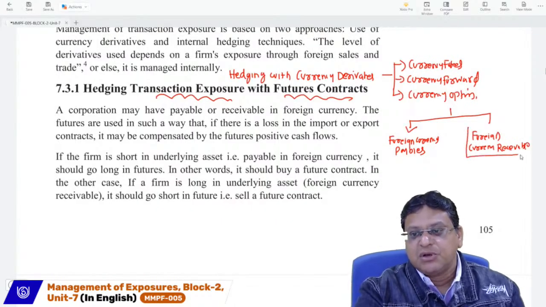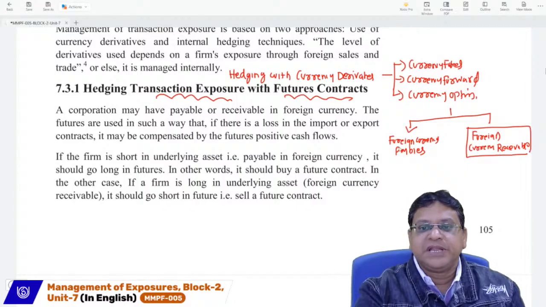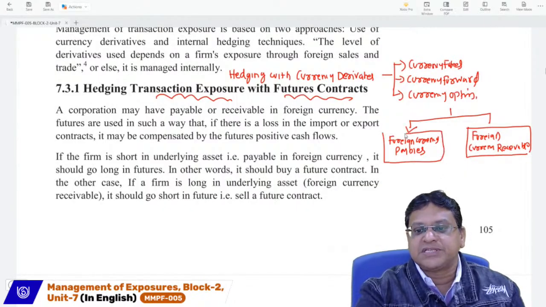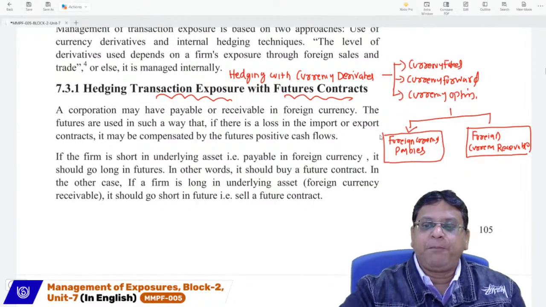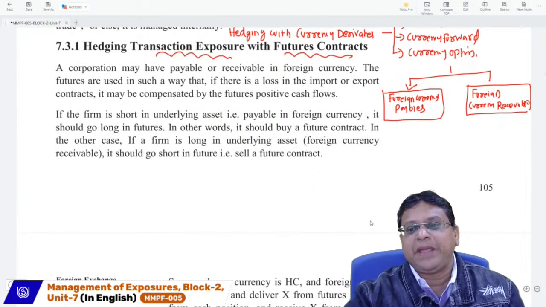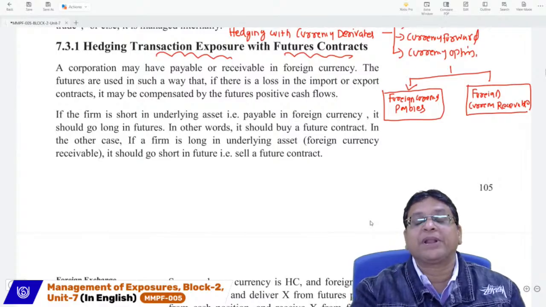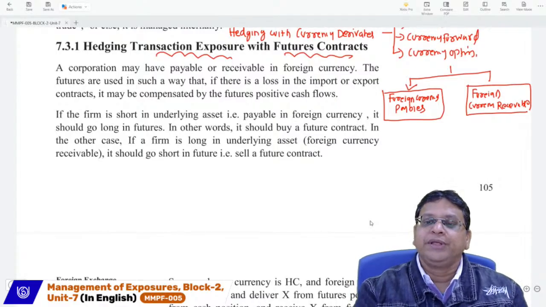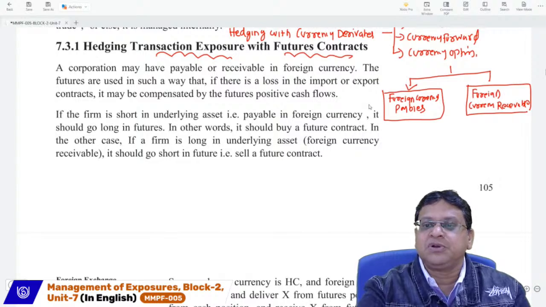First, we will discuss foreign currency payable. Next, we will discuss foreign currency receivable. If you have foreign currency payable, what does it mean? You have to pay something in foreign currency. So, in future, who are the person who has to pay something in foreign currency?